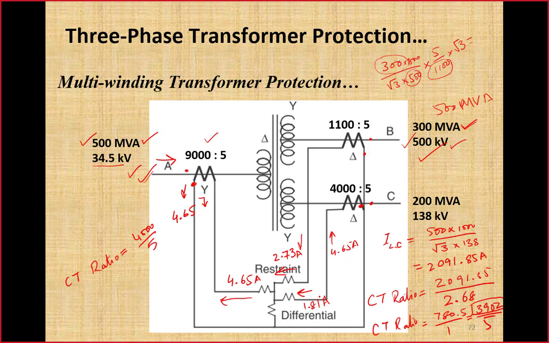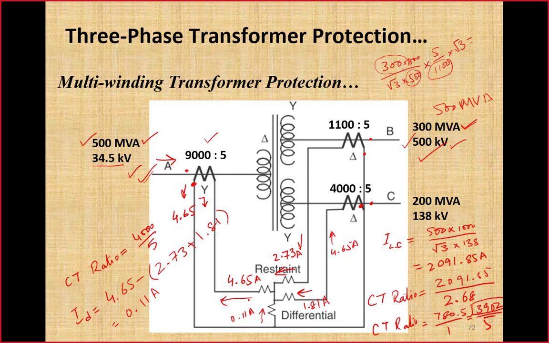Now the difference current ID will be 4.65 minus the sum of these two currents, 2.73 plus 1.81, that current is 0.11 ampere. So that is positive. It means these two currents are less than this value. So here the difference current will flow in upward direction, 0.11 ampere.